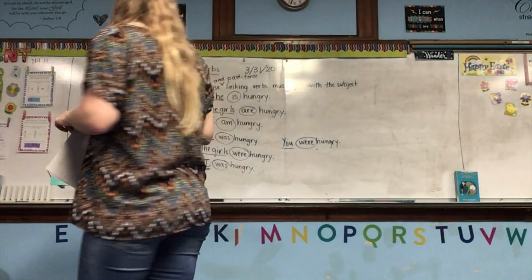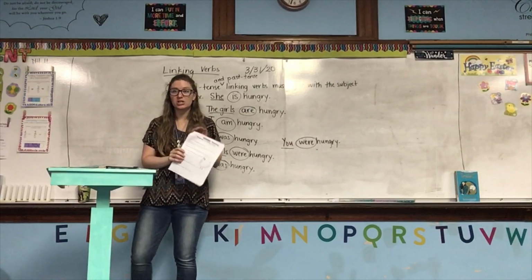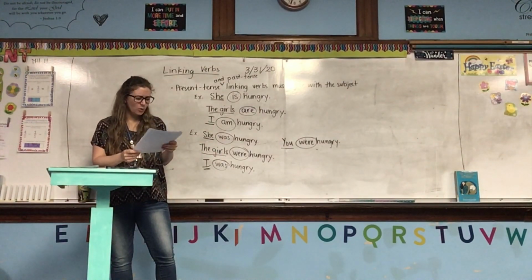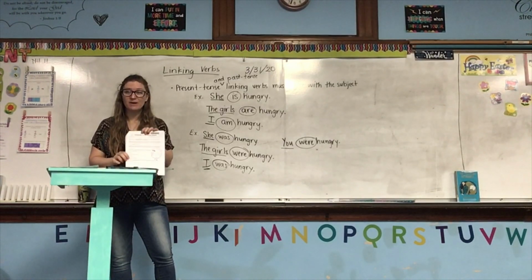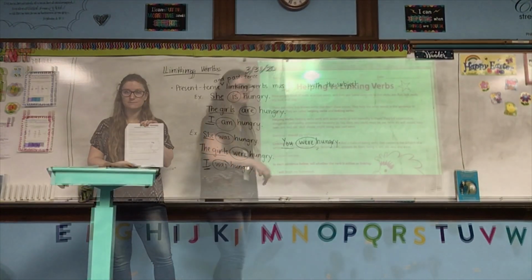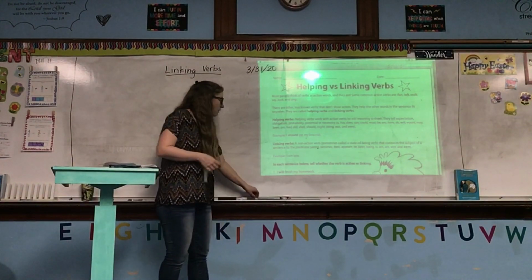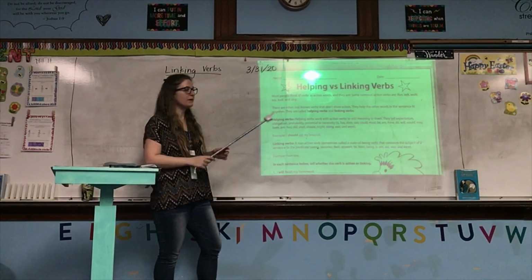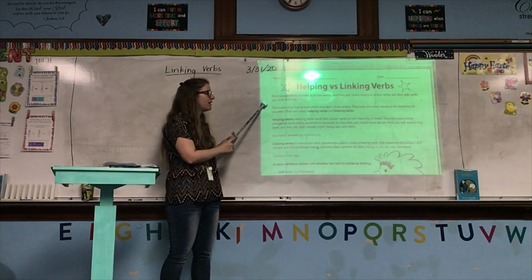So what we're going to do on the front is we are going to look through this sheet, and we have to figure out whether these words are being used as helping verbs or linking verbs. First, let's read all the directions together. So go ahead and read in your head while I read out loud. Most people think of verbs as action words, and they are.